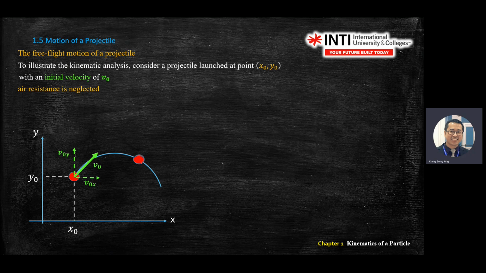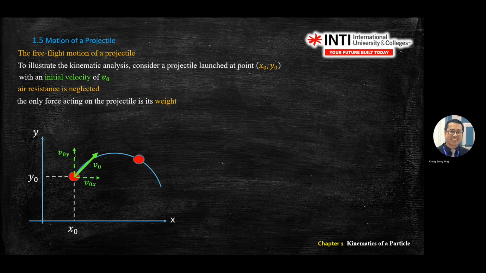As you move forward, you need to consider air resistance. But for illustration, for today, we ignore air resistance. So when you ignore air resistance, the only force pulling the object or particle is gravitational force. Gravitational force acting on a mass, when you combine the effect, we call it weight, W.